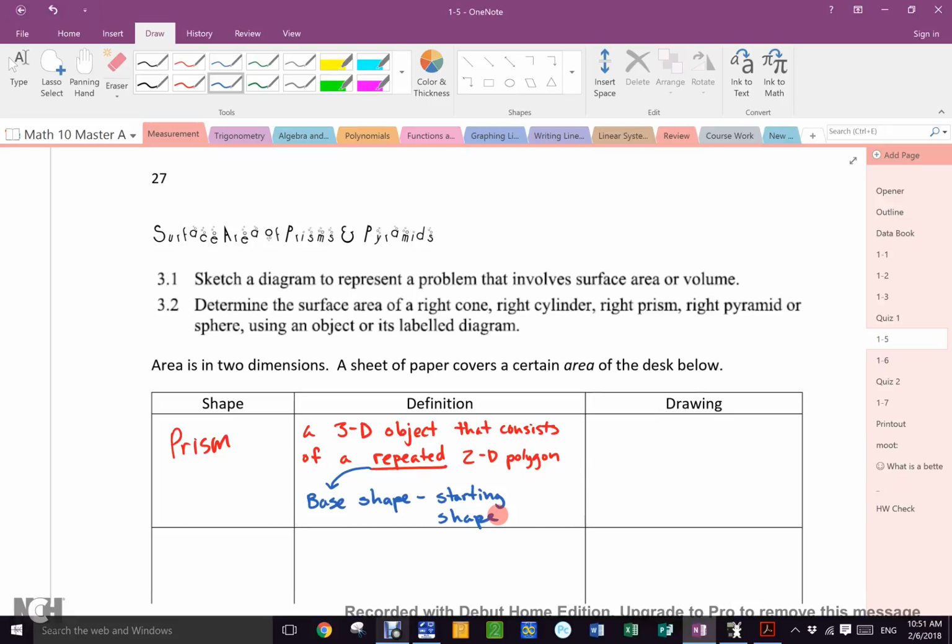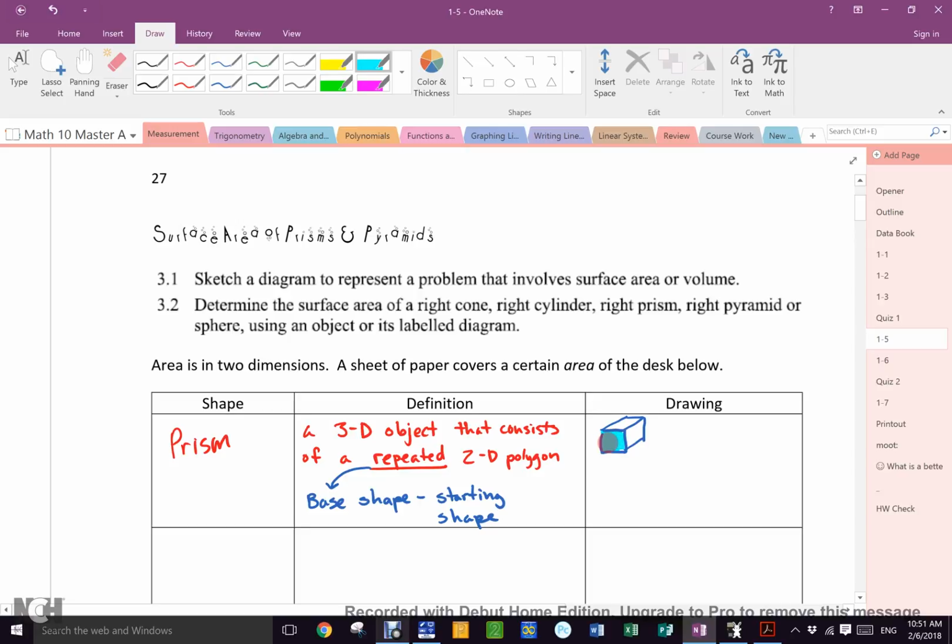Okay, so let's draw one or two of these. We start with the base shape, right? The easiest one's just a rectangle or a cube. So just draw a square or a rectangle. Now, if it's going to repeat, I got to have another one back here, don't I? Right? And then they're just connected. I'm going to use my highlighter to say that is the base shape.